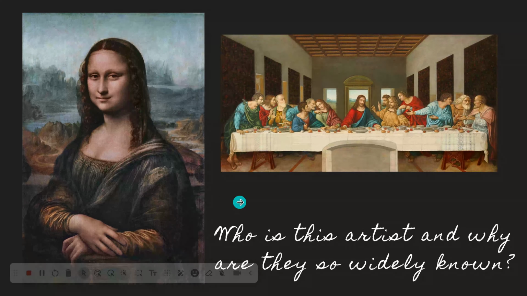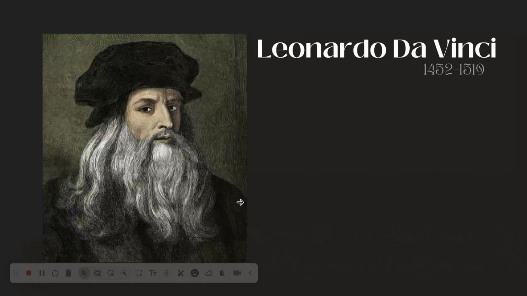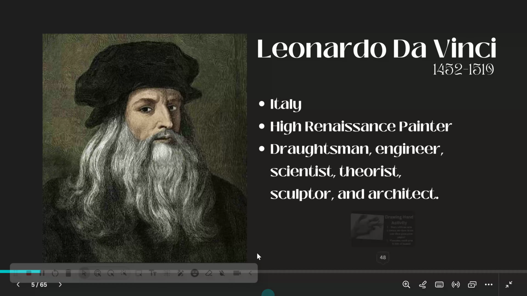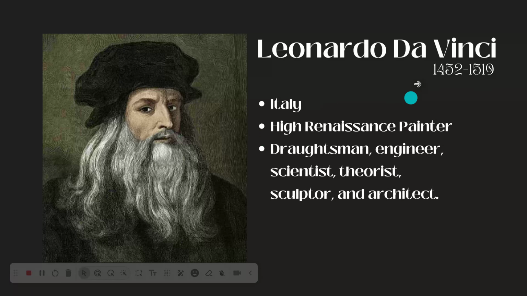He's from Italy. He's a High Renaissance painter, and whenever you see something titled the High Renaissance, just know it's this specific time period in the Renaissance, specifically in Italy.